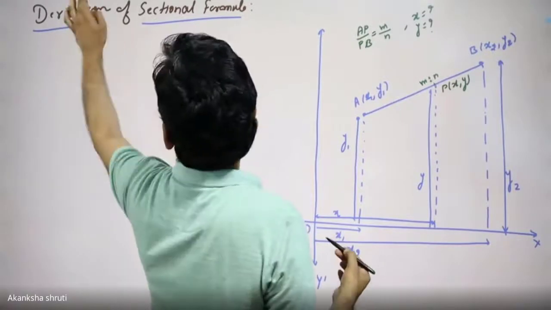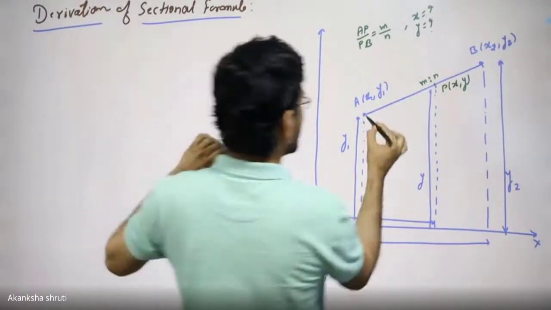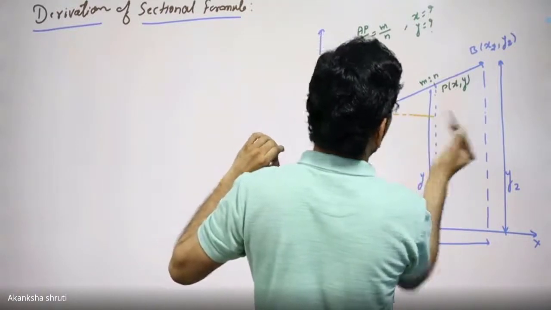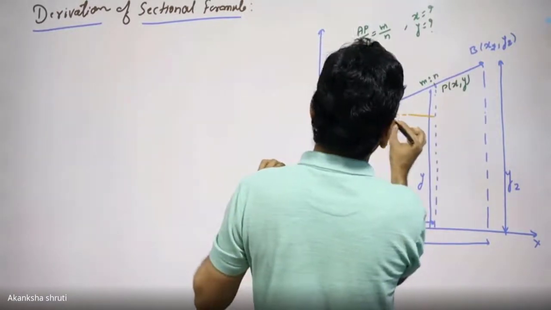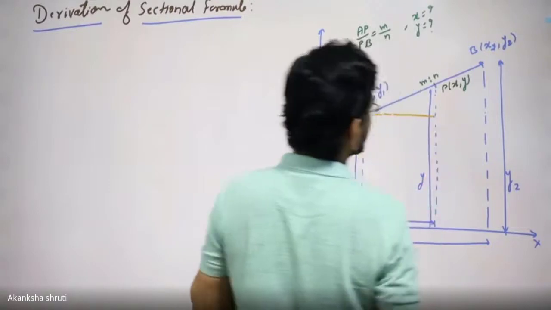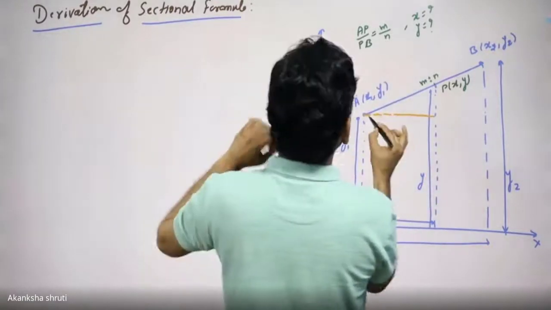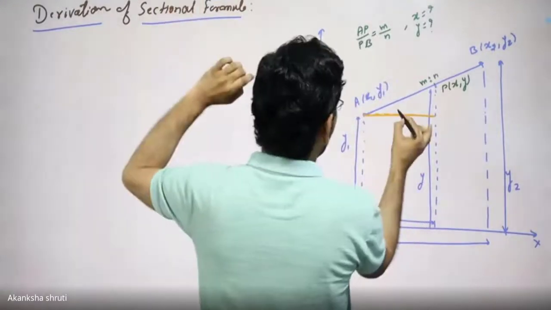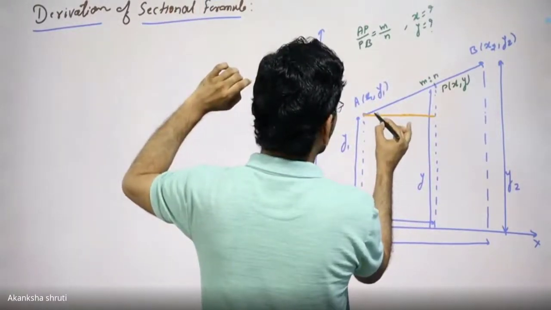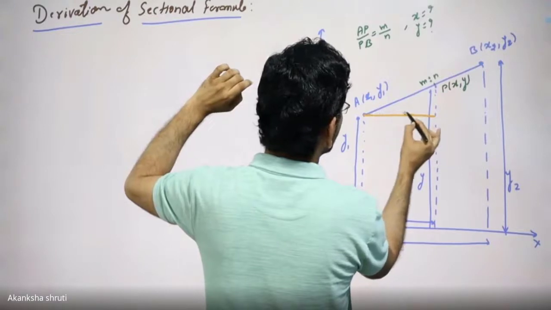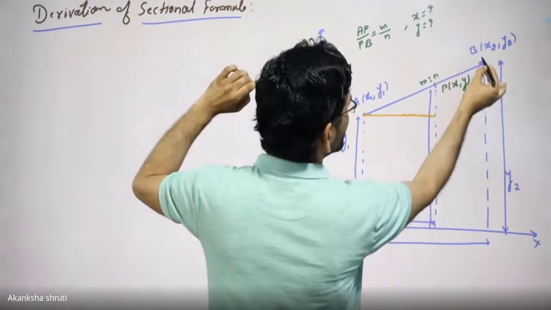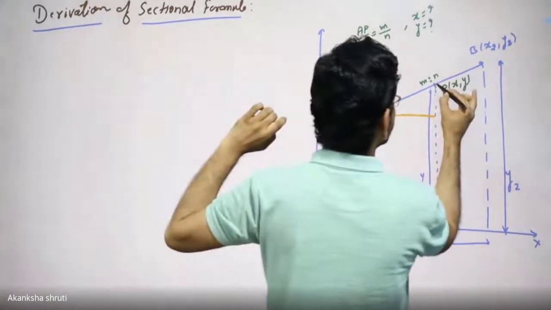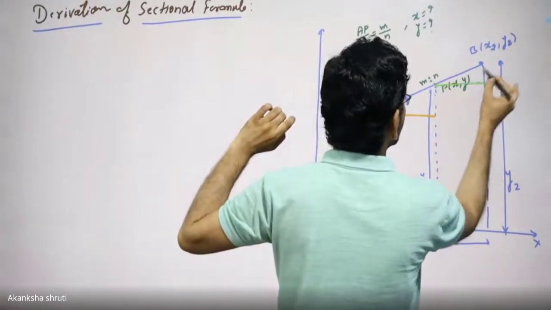If we draw a perpendicular from this point over this, and another perpendicular from the point P over this line, let us consider this is the other perpendicular.